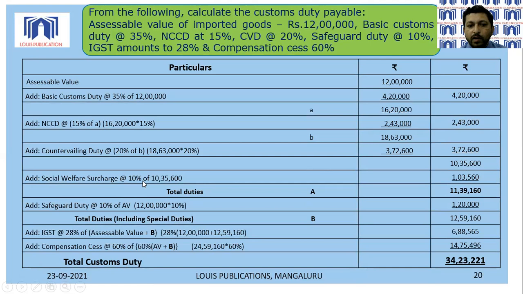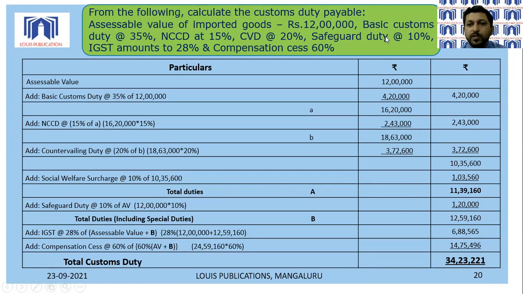Then I add social welfare surcharge. This is calculated at 10% on the aggregate of BCD, NCCD and CVD. So 10,35,600, 10% of that is 1,03,560. So when I add up, I get the letter A, that is total duties, 11,39,160. Remember, social welfare surcharge need not be given. It is automatically added. So I get 11,39,160.